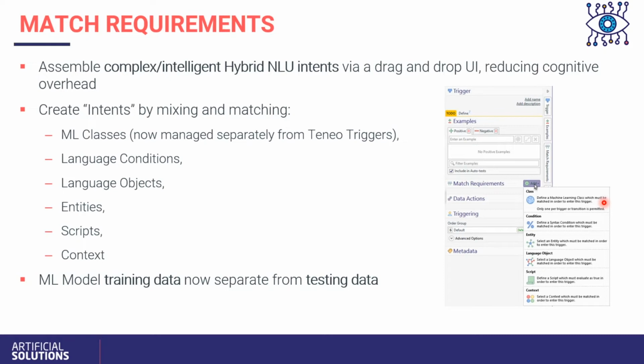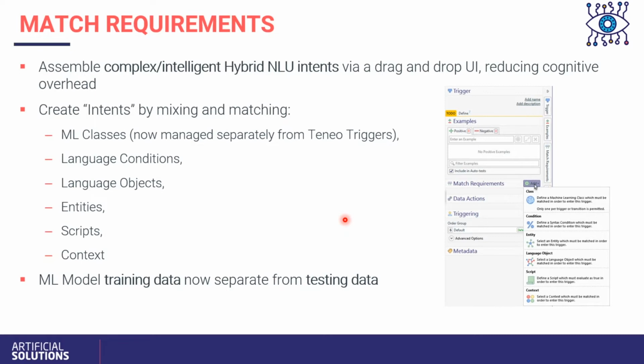In Teneo 6, those two collections of data will be separated. You will have a set of data on your triggers that you can use for testing, for your auto test. And then you will have a set of data that you can use inside your machine learning model simply to train your model.